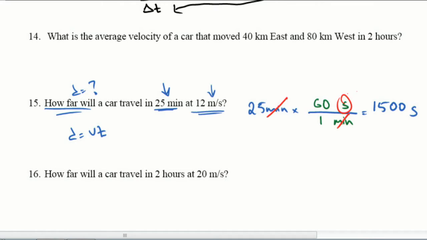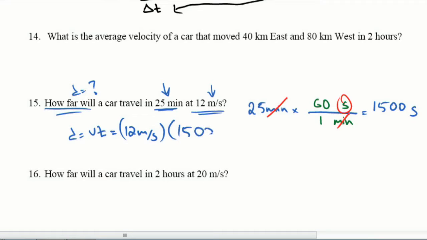All right, from there we can say, okay, we have our units matching up. I have seconds here, I have seconds here. That's a good thing. So I will take my velocity, which is 12 meters per second, and I'm going to multiply by my time.